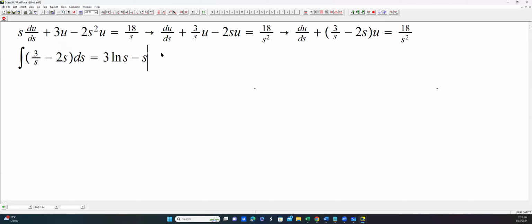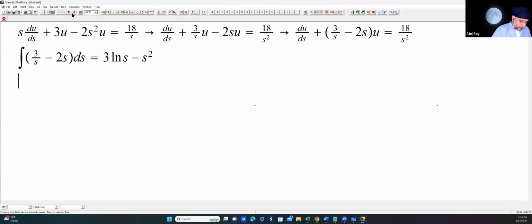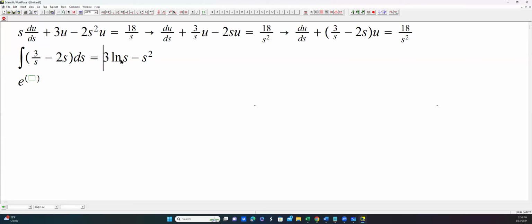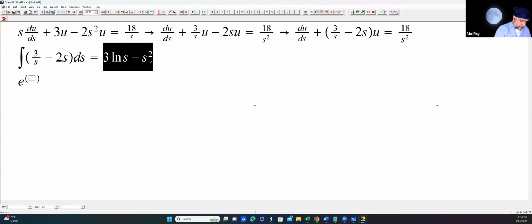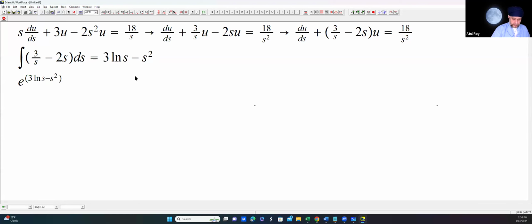Right, good. That will be the power on e, so the integrating factor will be e to the power all this, right? So that becomes this.